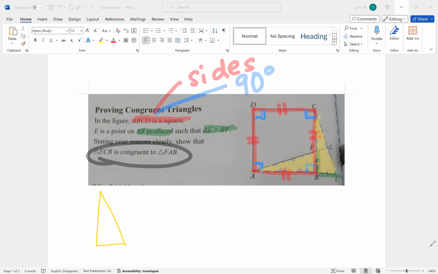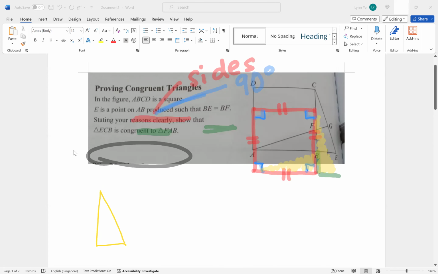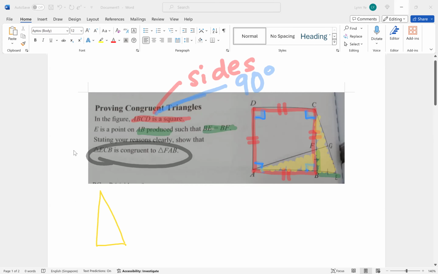If I draw this direction, if I draw FAB, it must be the same or not the same? Same, right? So I'll draw the same. So I'll fill in, this is E. E is here, C is here, and B is here.